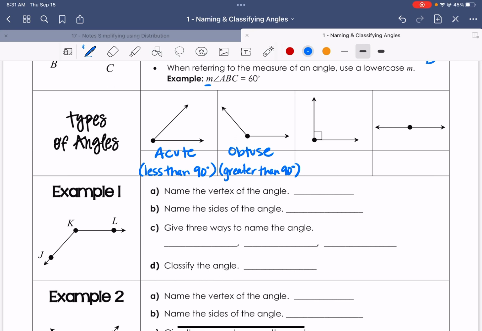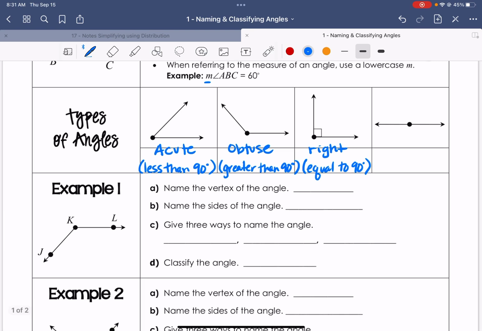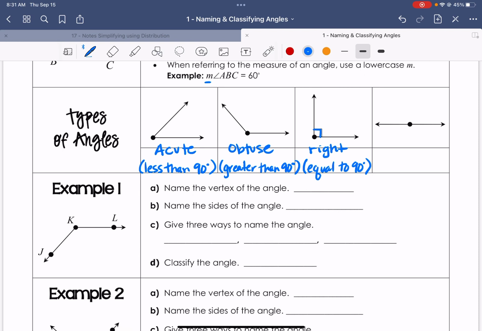What about a right angle? Do y'all remember what a right angle is? A right angle is always equal to 90 degrees. Okay, and remember this box here means that it's a right angle. You have to see that box to be able to say it's a right angle. And this one might be new, it might not be new, but see how this is flat?